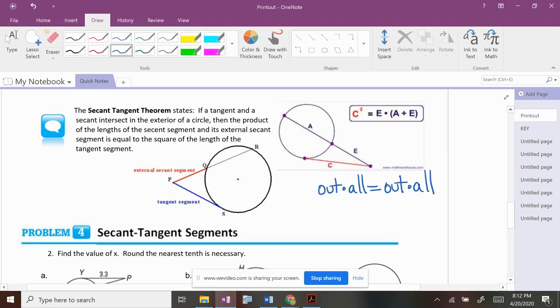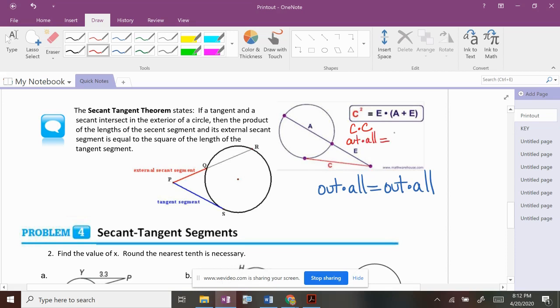So looking at the formula up here, it says c squared. Well, c squared is c times c. The c is the outside part, and the c is all of the tangent. So this is out times all.